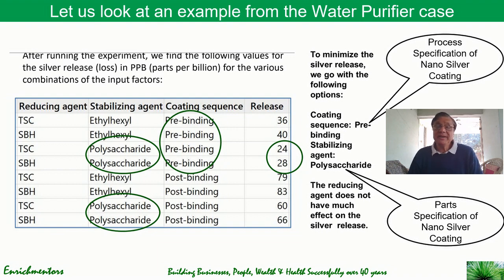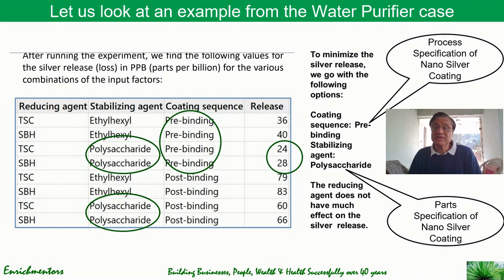And also we find that the stabilizing agent is polysaccharide, because again with polysaccharide as a stabilizing agent, we are able to lower the releases of the silver ion compared to using other stabilizing agents like ethyl exile. And the reducing agent doesn't have much effect on the silver releases.